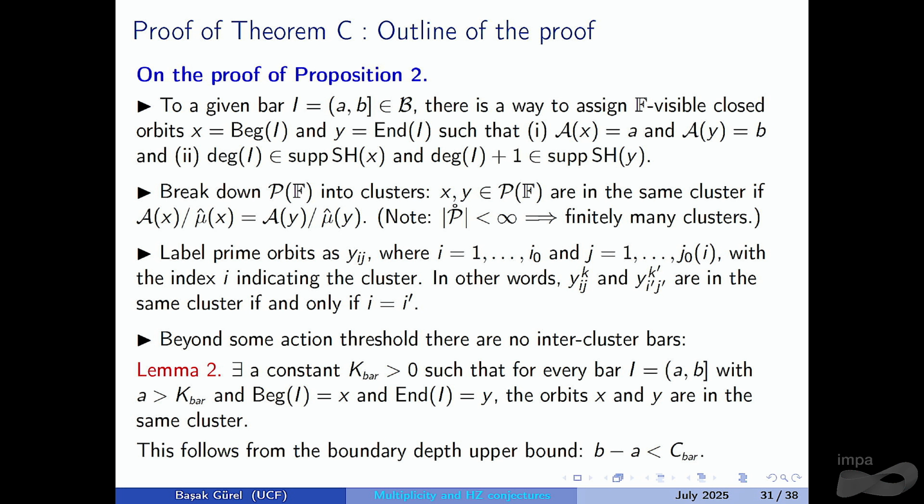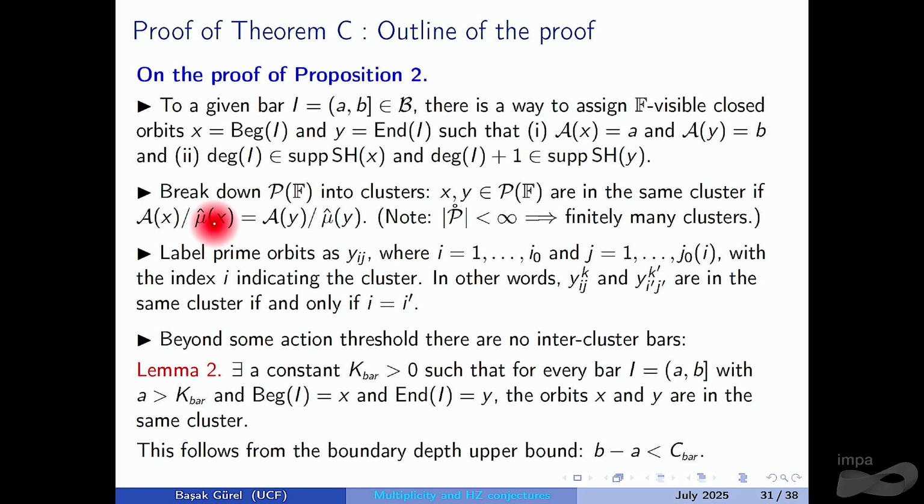So one can prove that there is a way to do this. Now let's put this in the basket, and then let's go to our F visible orbits. Let's break these F visible orbits into clusters.